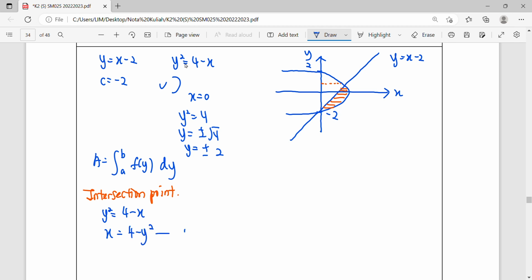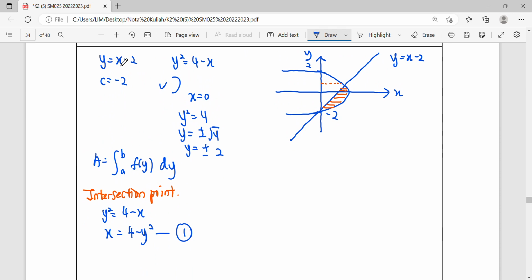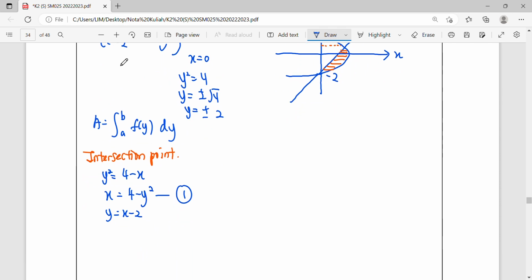So equation 1. Because we want dy, everything must be in terms of y. We do the intersection point also with the functions in terms of y, then you can get the upper limit value of y. So for the second function, the linear one, y equals x minus 2, let it be in terms of y, meaning x is the subject. Move your 2, it will be y plus 2.